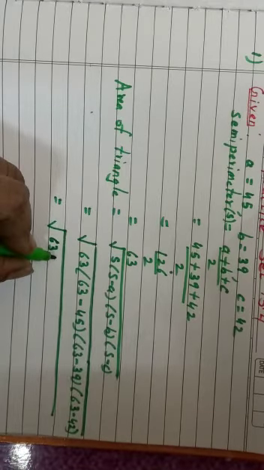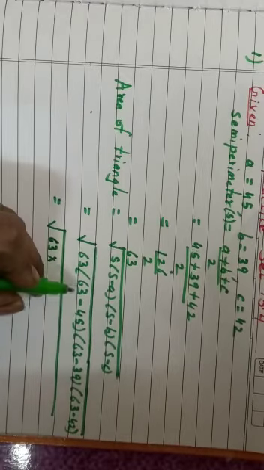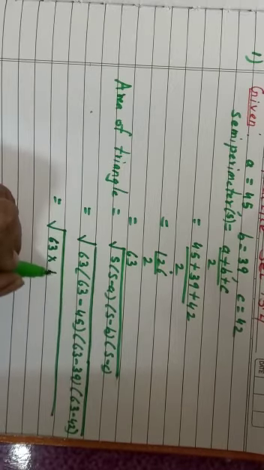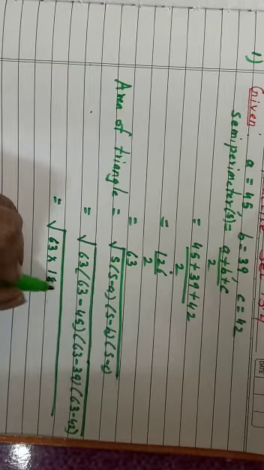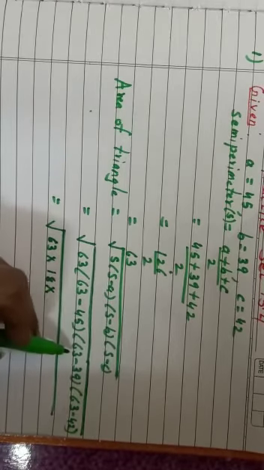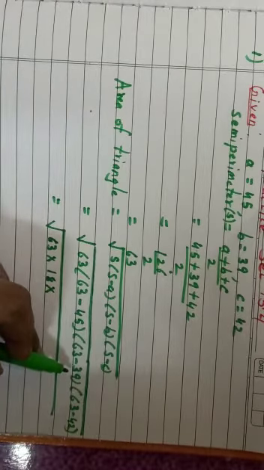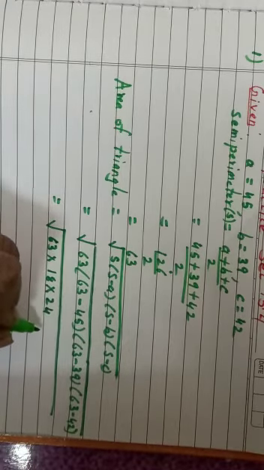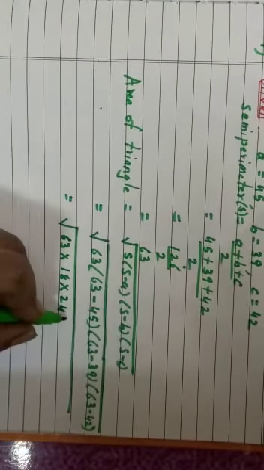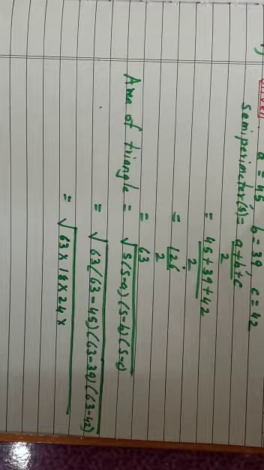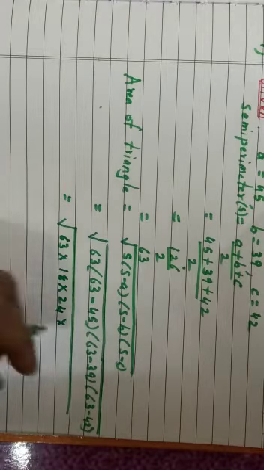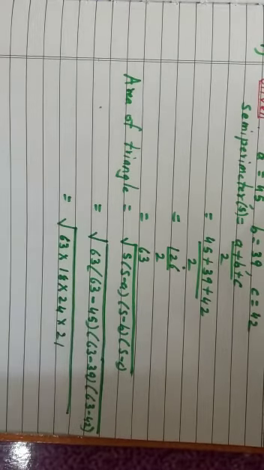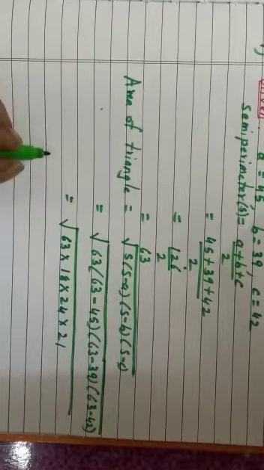Then into 63 minus 45. 63 minus 45 will give you 18, into 63 minus 39, that will give you 24, into 63 minus 42 will give you 21. Now what do you have to do? You have to find the prime factors of all these numbers. You know how to find the prime factors?